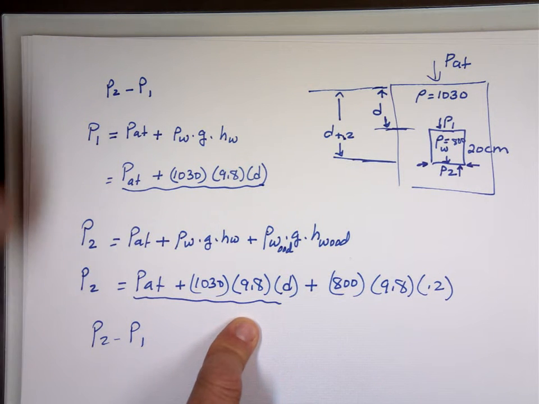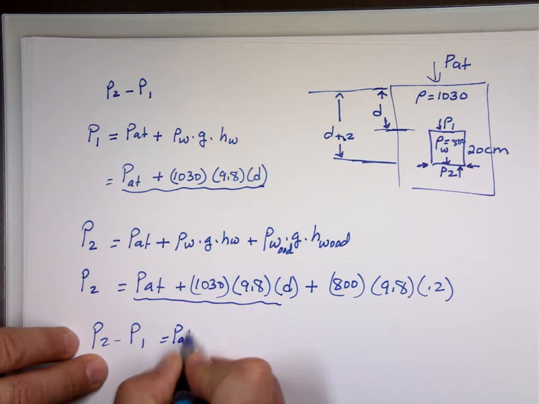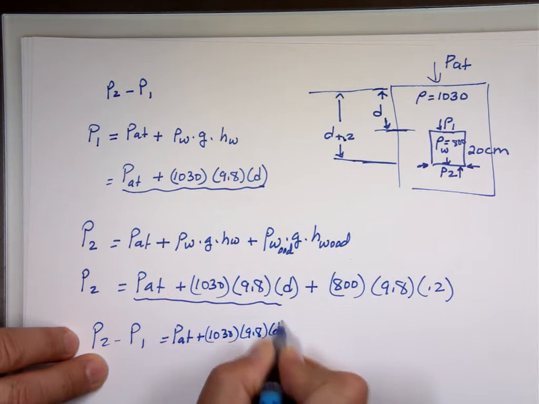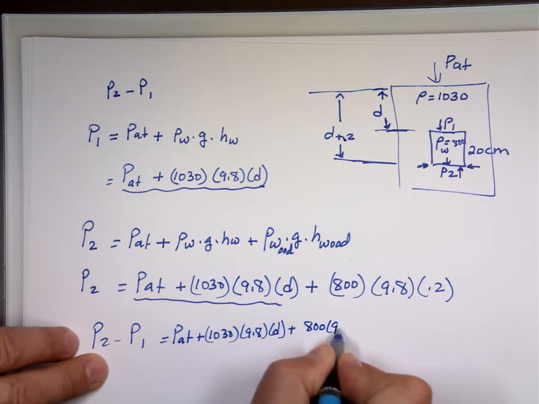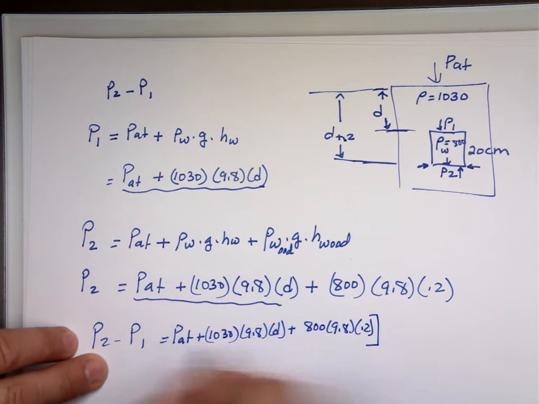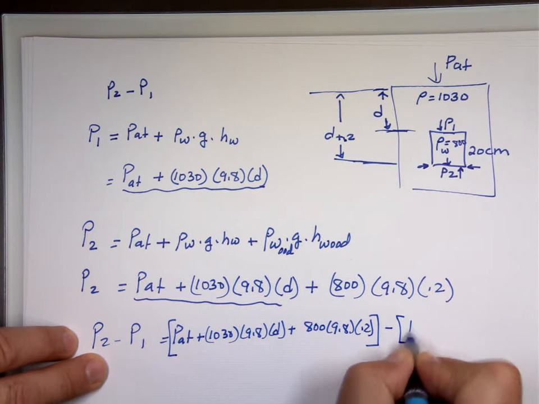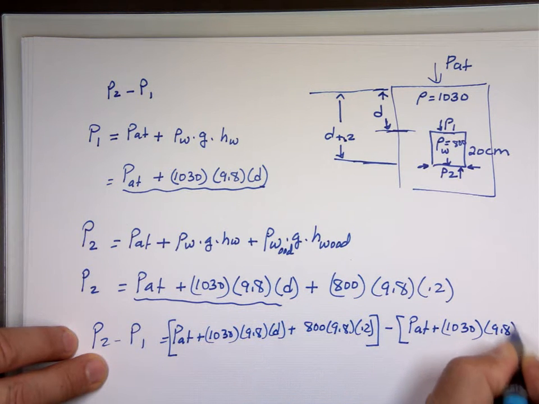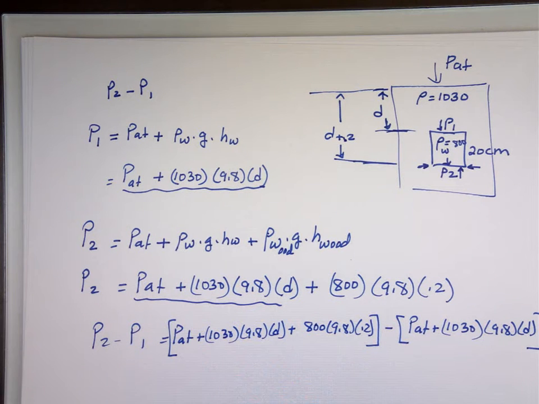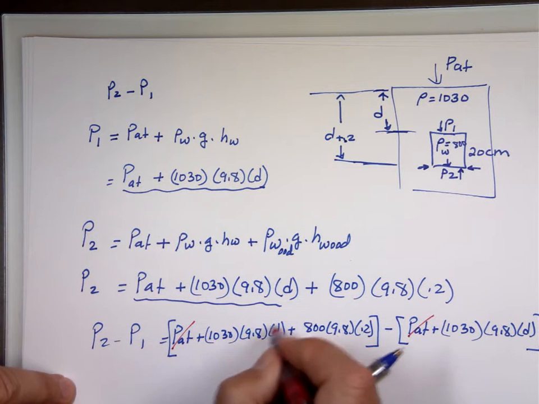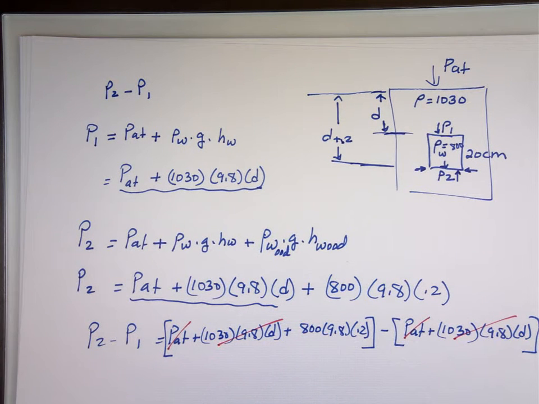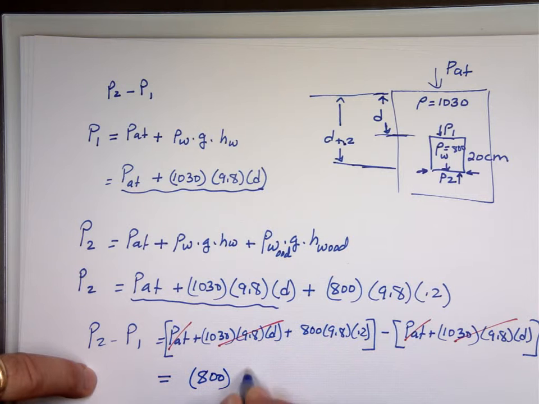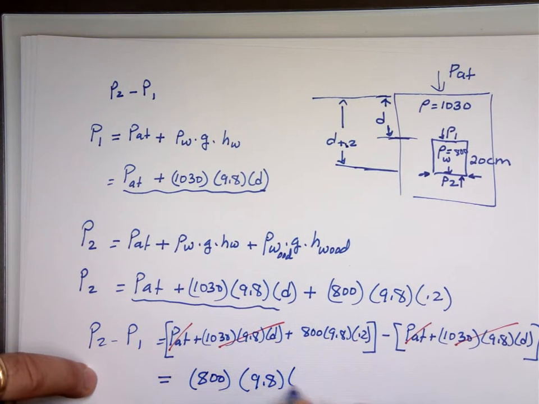So when you subtract them, you can see that this one cancels that one, and this one cancels that one, and the difference in pressure between the top and the bottom will be rho for that material, which is wood, times the gravity, 9.8, times the height, 0.2.